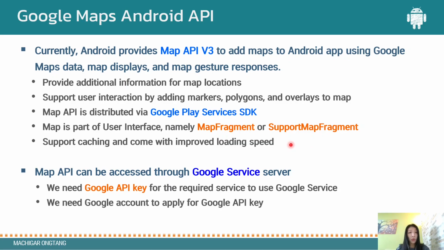In order to use Google Map in an Android application, the developer is going to need a Google Map API key. So we will need to apply for a Google developer account and ask for the Google Map API key in order to include the map in our Android application. So we're going to do that as well.